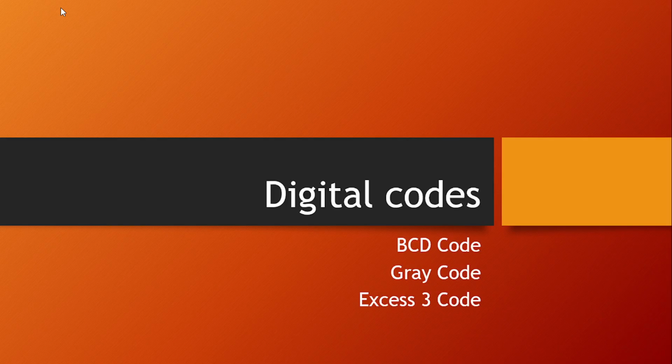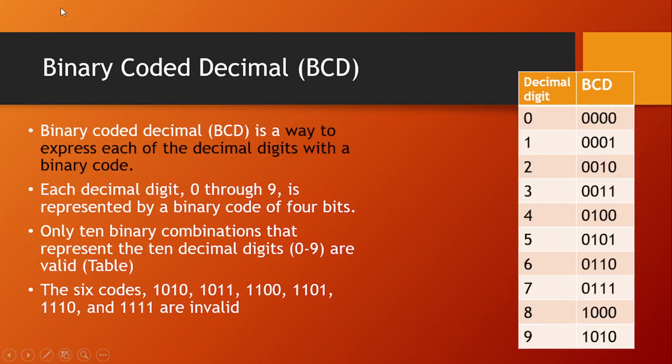As the slide shows, today we will discuss digital codes, that is three digital codes: BCD code, Gray code and XS3 code. Let us start with the BCD code, or simply binary coded decimals.